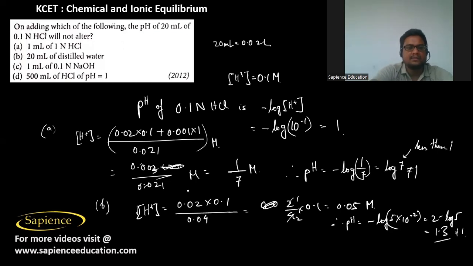And in part C, we have to add 1 ml of 0.1 normal NaOH.